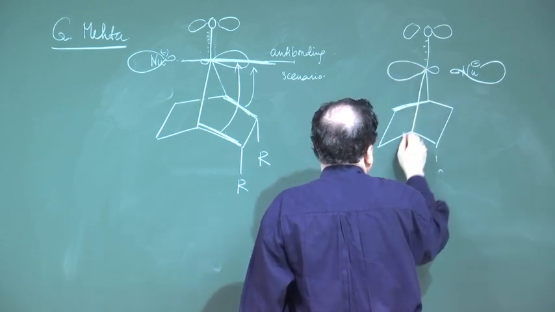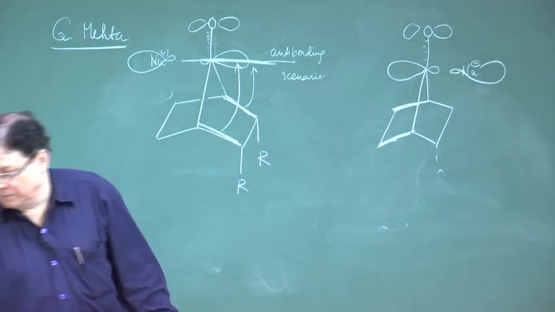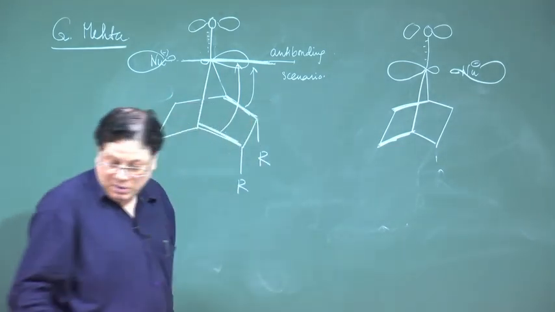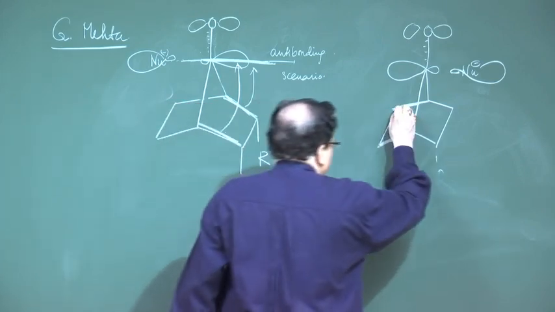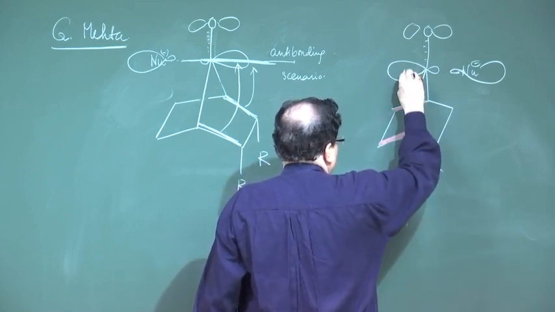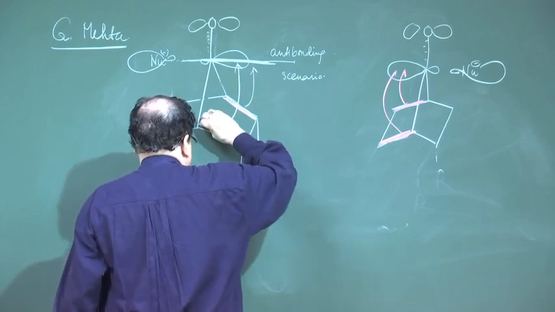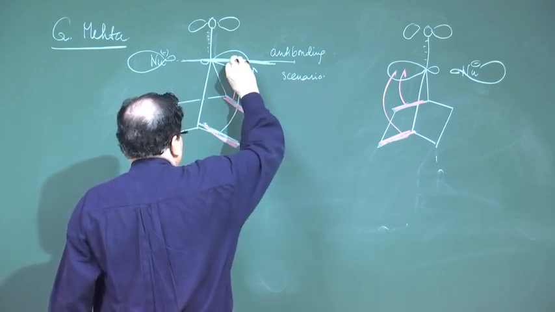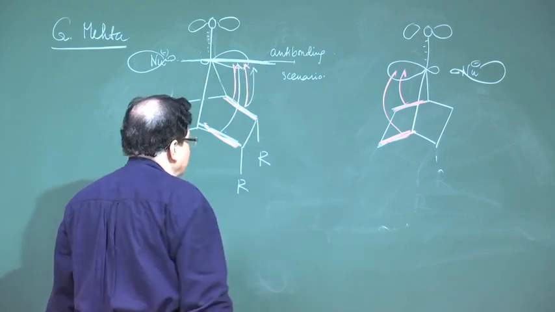Now, these are the bonds which are going to interact with this empty orbital. Earlier, these are the bonds which are going to interact with this. Okay. So, the question is which interaction?